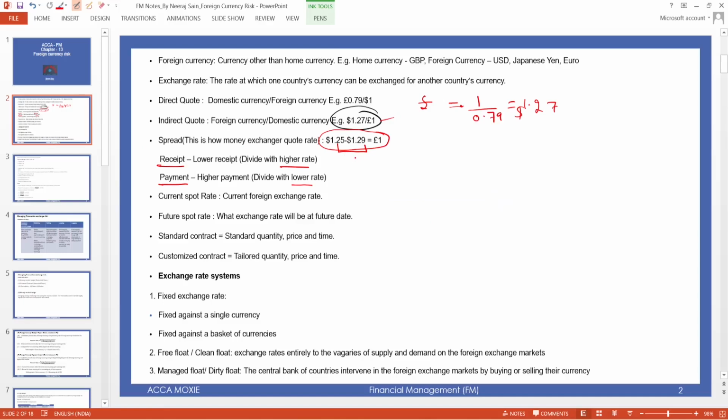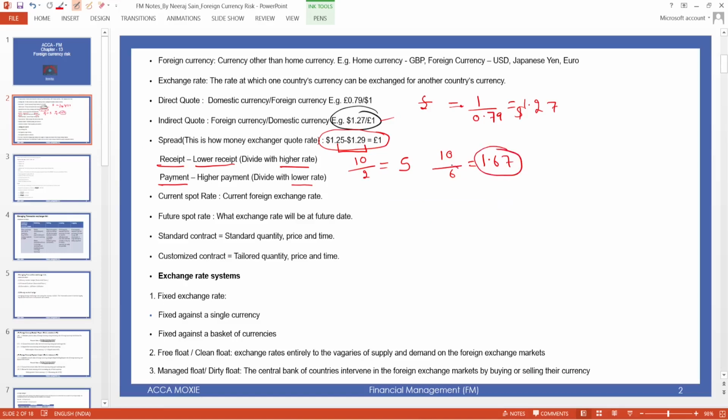When you receive, for example, you are receiving 10, so when you divide it by 2 you get 5, but when you divide it by 6 you will get 1.67. So I said when you receive, you always receive lower.